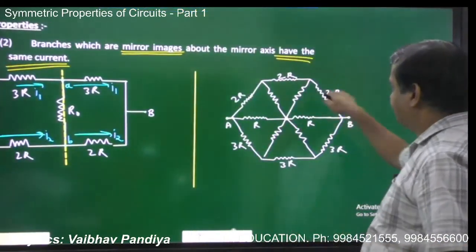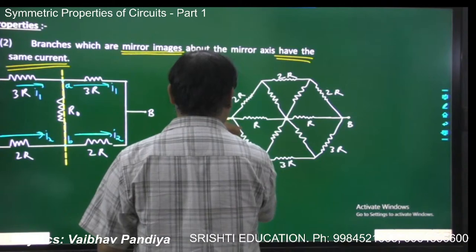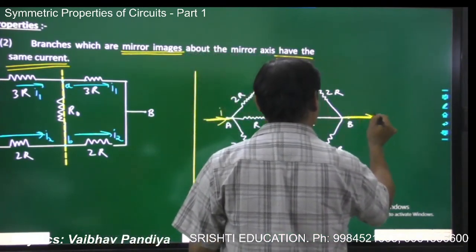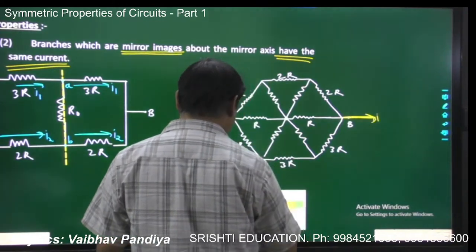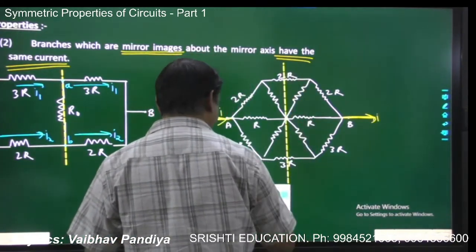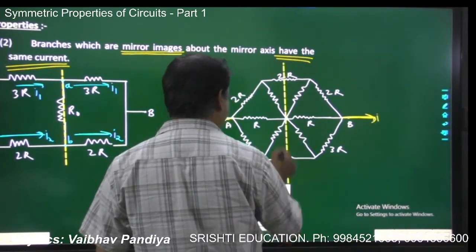If you see this circuit, suppose the main current coming at A is I, and the outgoing current will also be I, and there is the perpendicular axis of symmetry we can see like this. So surely you can say the current on both sides of the circuit will be the same.